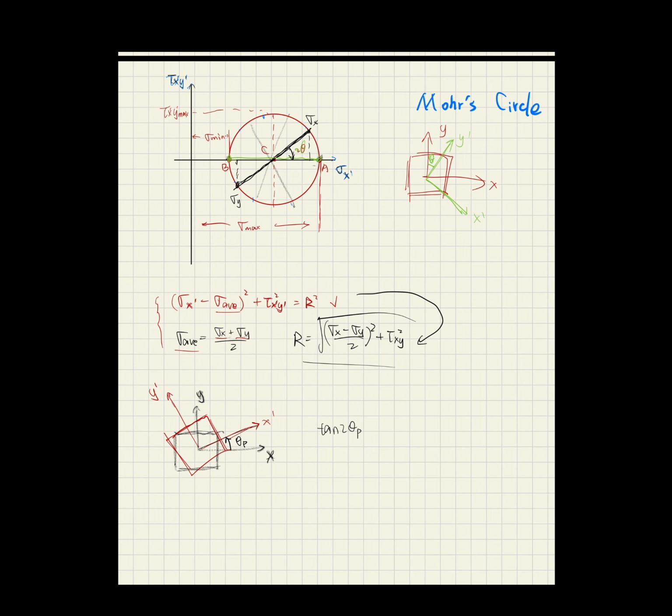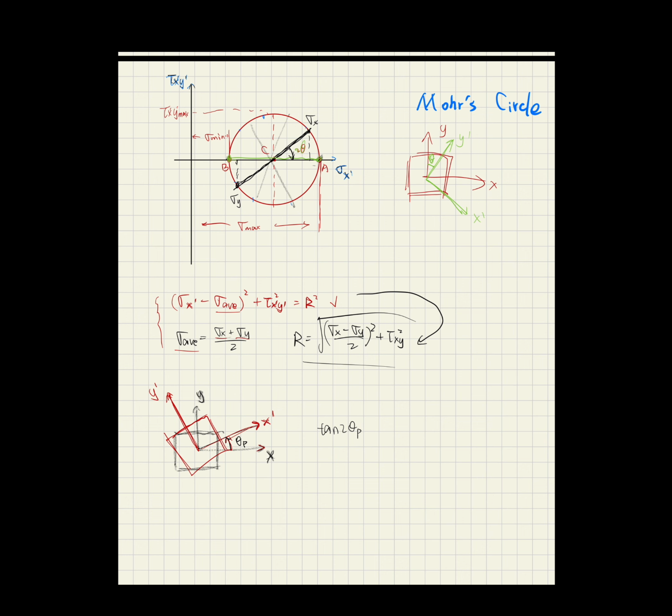Now for this question, for example, we know that there exists a point or a direction, x prime, y prime, where the normal stress reaches its maximum. This state can only be achieved by rotating the original square by theta p. How do we calculate theta p?